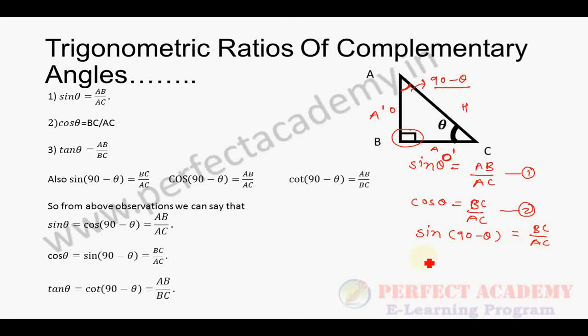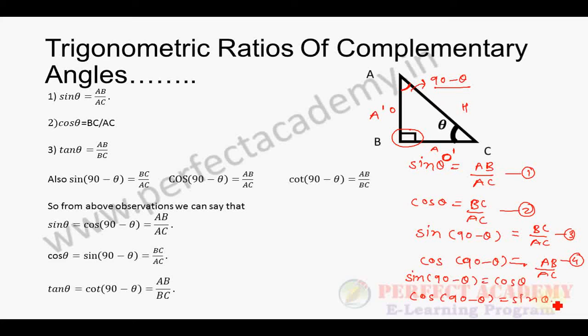Similarly, if you find cos of 90 minus theta, you should get AB by AC. So if you observe equations 1 to 4, you can realize that sine of 90 minus theta is nothing but cos theta, whereas cos of 90 minus theta is equal to sine theta.